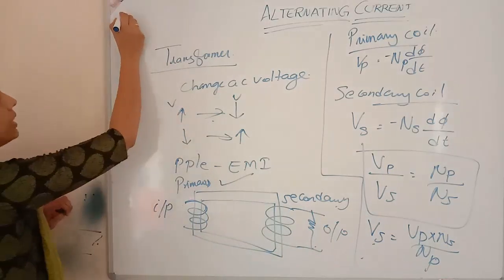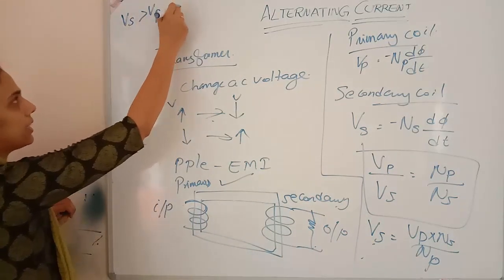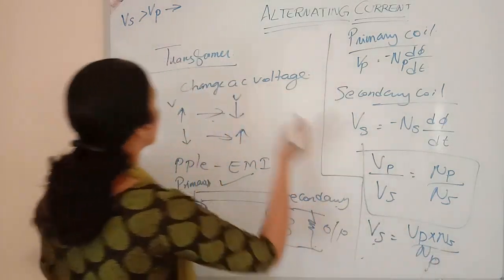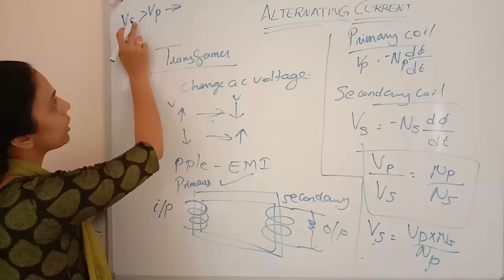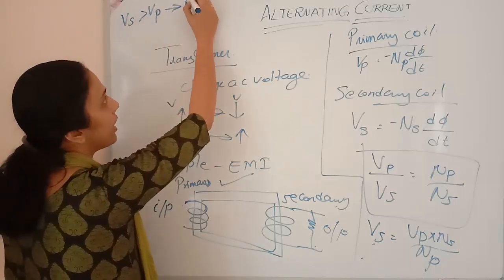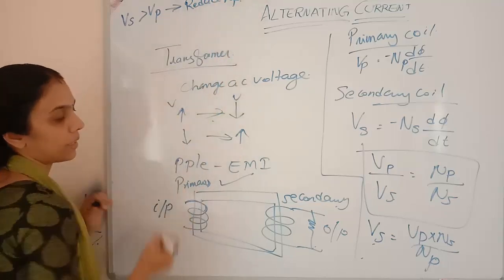If Vs is greater than Vp, to get that we should increase the number of turns of the secondary coil. The more secondary turns, the more secondary voltage. For that, reduce the number of turns in the primary.